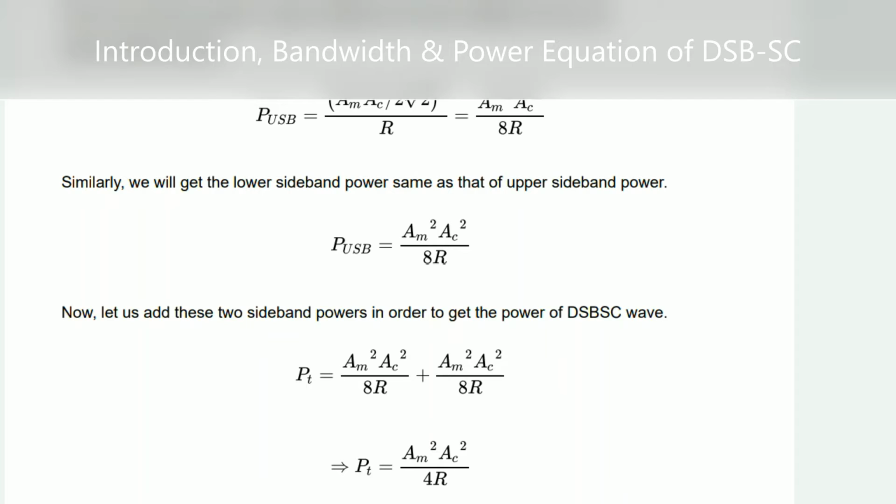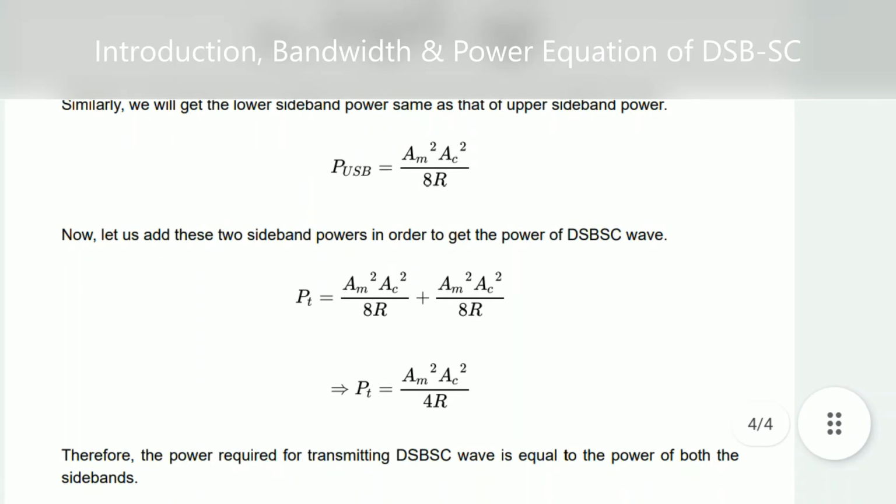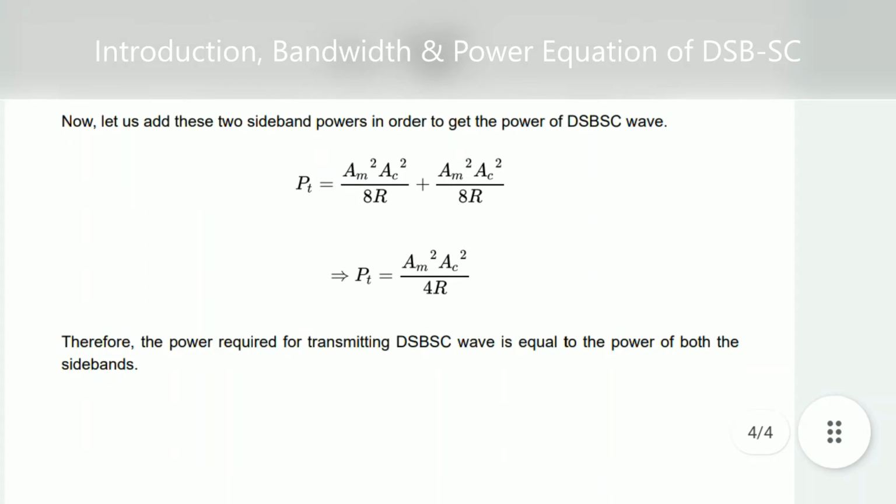Now if you put the values in the equation PT equal to PUSB plus PLSB, we get Am squared into Ac squared divided by 4R. This is the value of the total power of double sideband suppressed carrier, which is the required power for transmitting the DSB-SC signal.